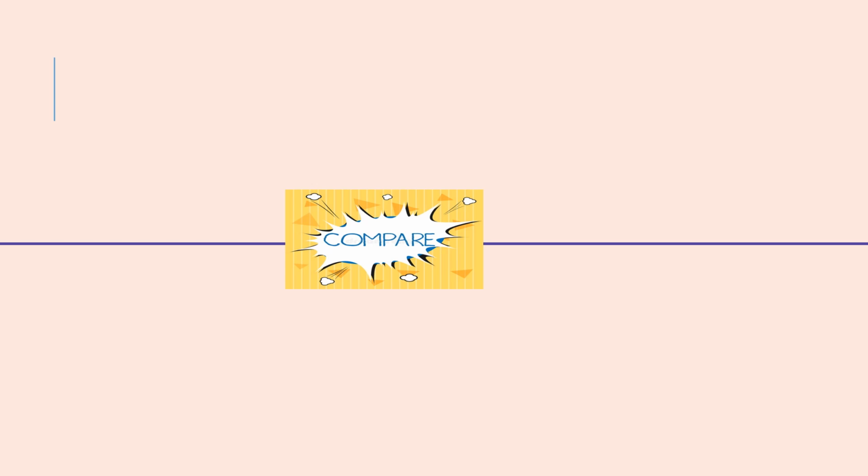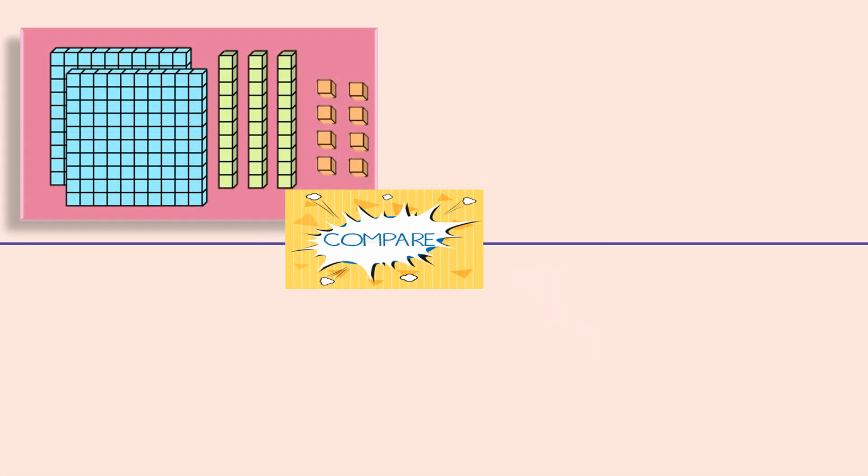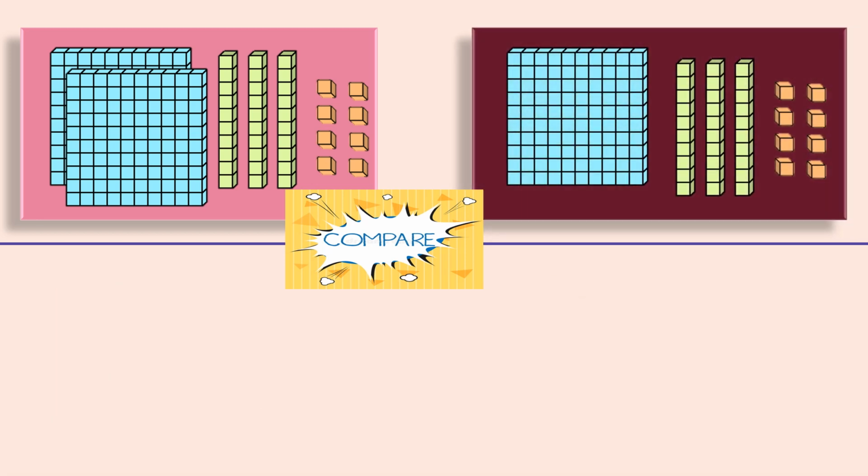Children, let's understand how to compare three-digit numbers. Here comes base 10 blocks, hundreds block, groups of 10 and loose ones. Another one here.